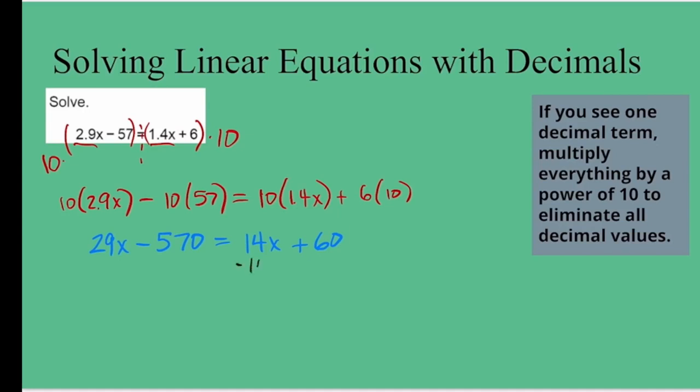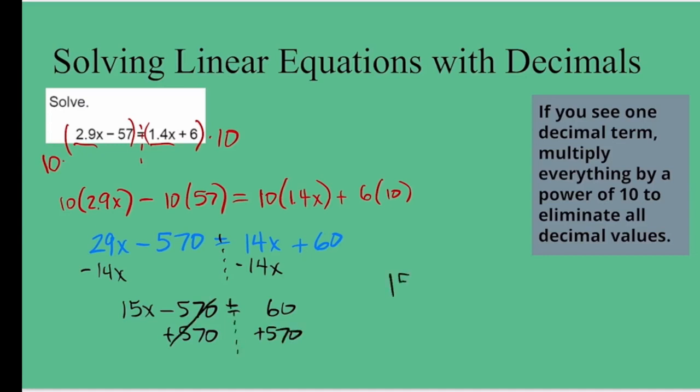So I'm going to subtract 14x from both sides of the equal sign. So I get 15x minus 570 equals 60. I'm going to add the 570 to both sides of the equal sign.